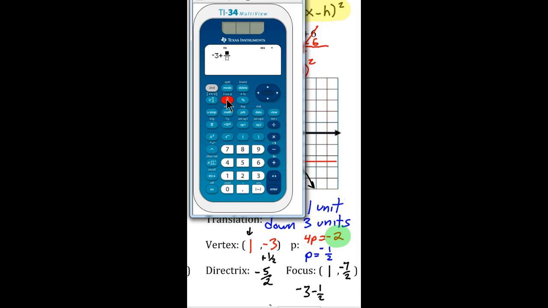Sometimes it's A over B, this one's N over D, but a lot of calculators have this, whether you realize it or not. I want to put in +1 over 2. You just move the cursor down to the bottom and hit enter, and there it is, -5 over 2. So if you're not quite sure, just check on the calculator. There's no reason to get the algebra problem wrong because of a 5th grade math problem, which is adding 2 fractions. So if you're not sure, just double check. And after a while, just by doing enough of these, you'll get the hang of it. You'll see the pattern and it'll become easier for you.